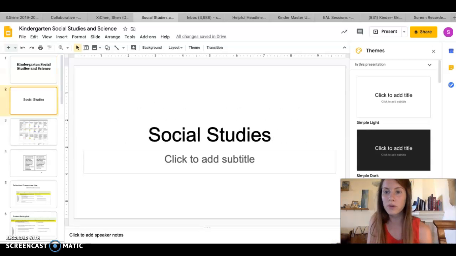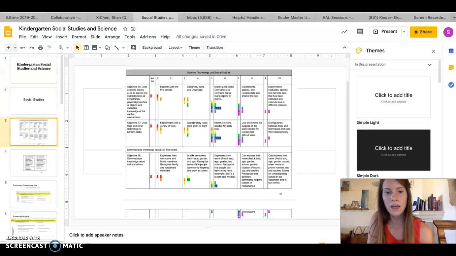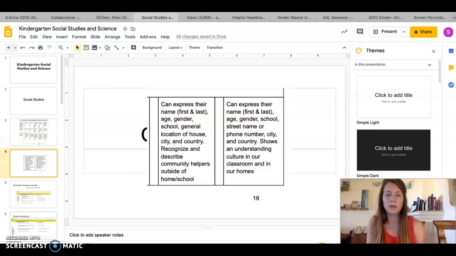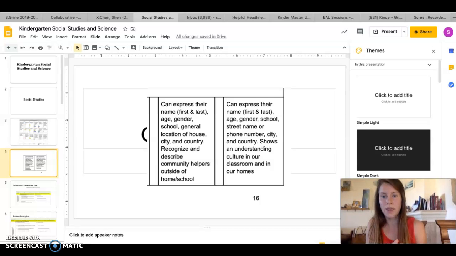First we're going to focus on social studies, and there are the social studies strands, and this is really what kindergarten is assessing right now according to the assessment tool. It says that they can express their name first and last, age, gender, school, street name, phone number, city, country, and shows understanding of culture in the classroom and home.